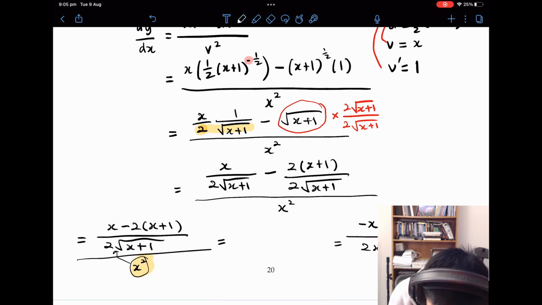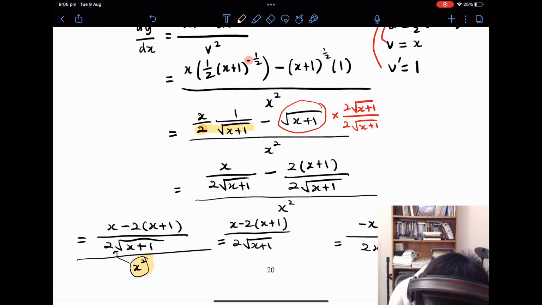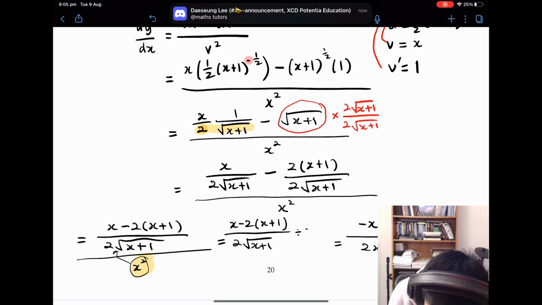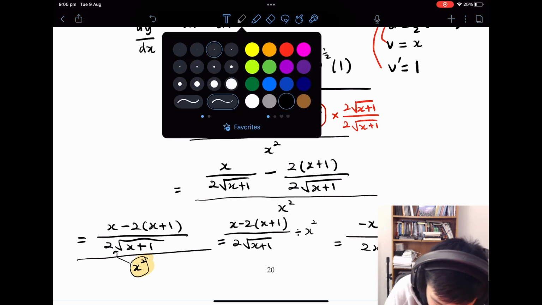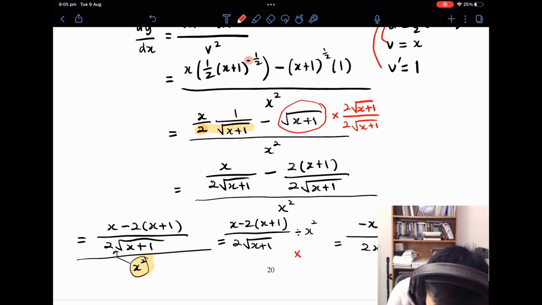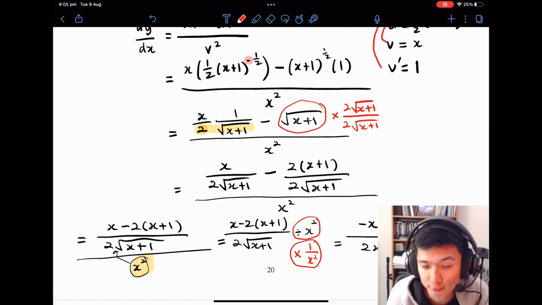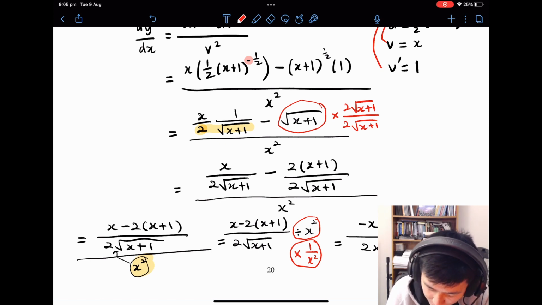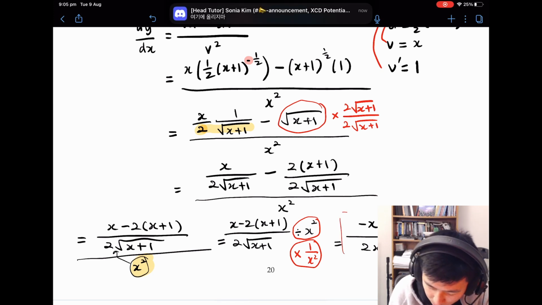This actually is equal to (x minus 2(x + 1)) over 2 root x + 1. This is divided by x squared, which is the same as, let me write in red, multiplying by 1 over x squared. These two things are equivalent, okay? And so hence 1 over x squared jumps to the bottom, okay? And so this is my final answer.